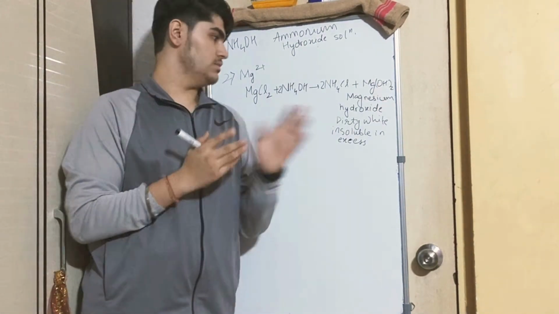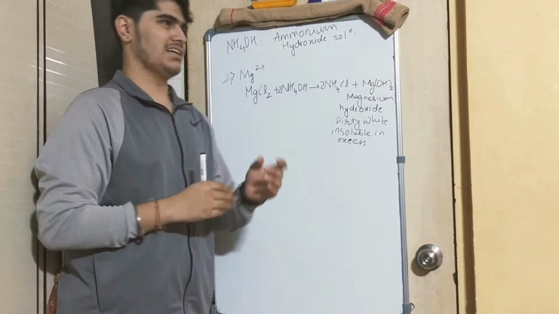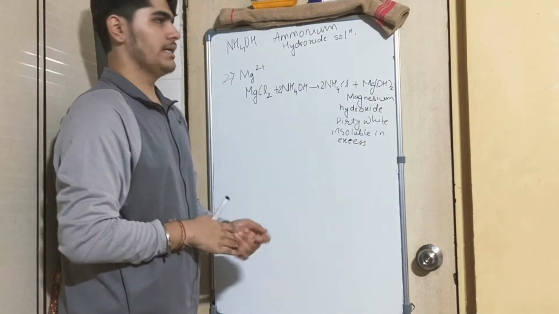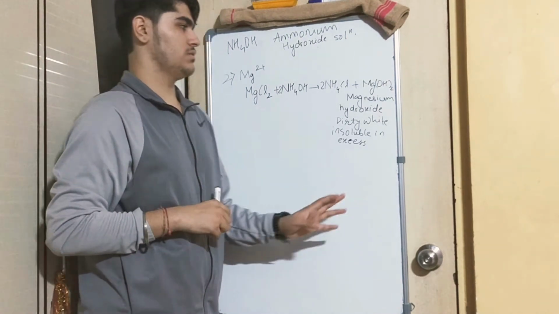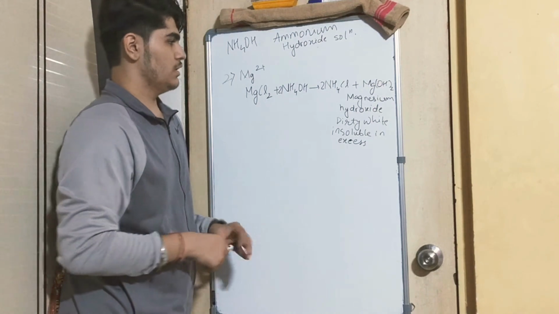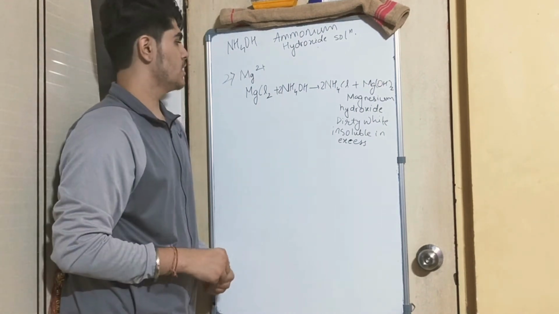See friends, this question is asked in every board exam, which is soluble and which is insoluble. It's quite easy to remember all these things, not much difficult. You have understood this. I am moving further.